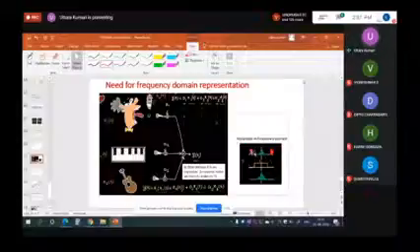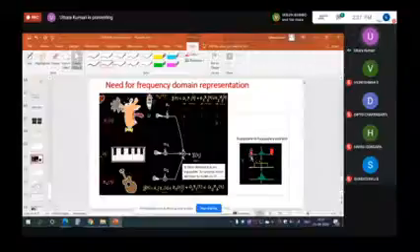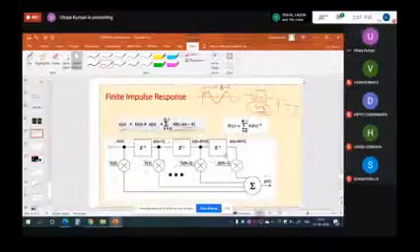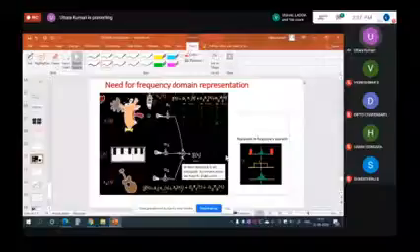If it is a separable one, I can use this kind of filter. Suppose there are cases where the noise is within the signal itself.